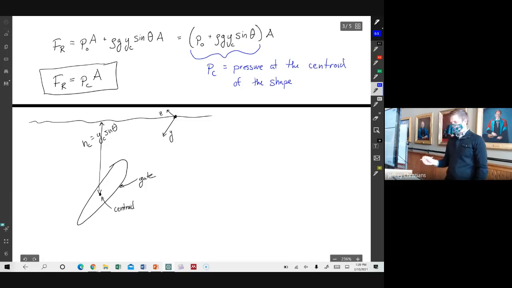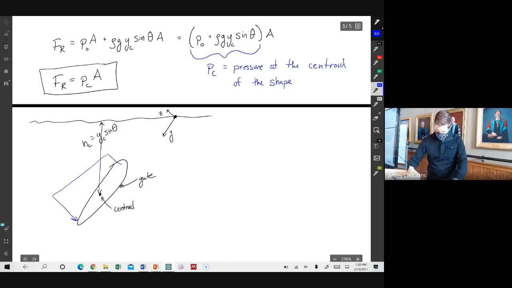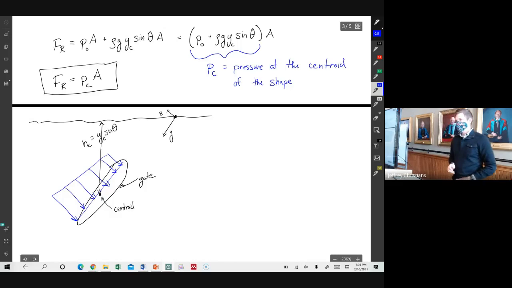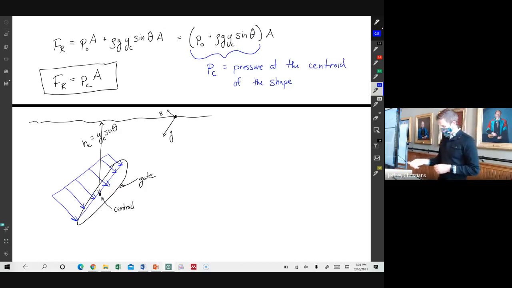If we think of what the pressure is doing, pressure is going up as we go deeper. So the pressure is going to look something like this. So the pressure is going to be going up, so there's going to be an increasing force as we go down on the object. But it's all linear.